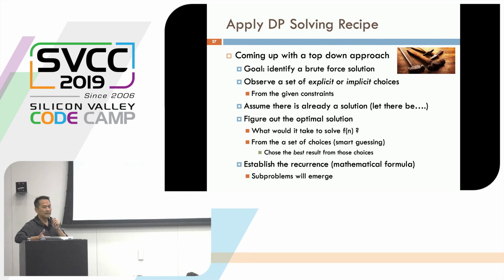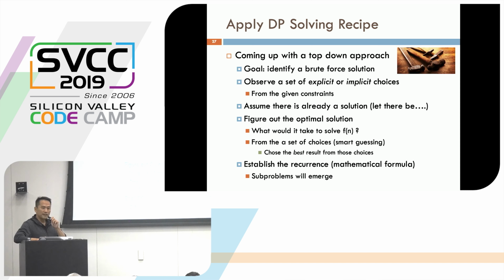While doing that, observe the set of choices or constraints that are given to you or implicit inside the problem statement. If it's given to you, then it's very straightforward. If it's not, then we have to spend more time figuring that out. The kind of choices you have to make is typically based on the constraints given in the problem statement.